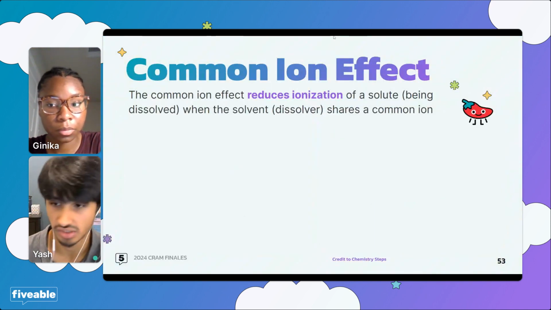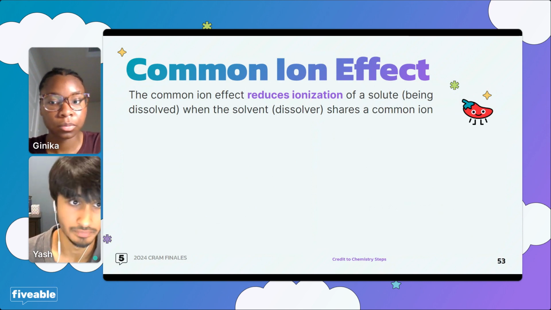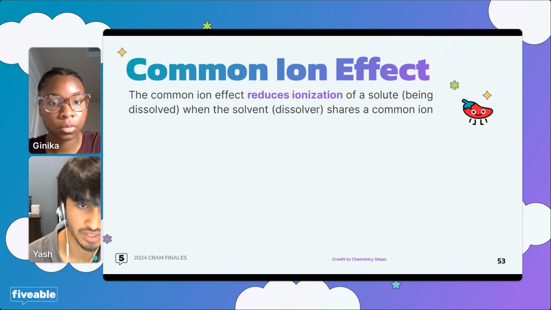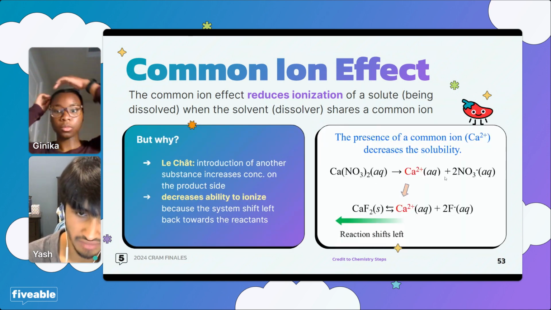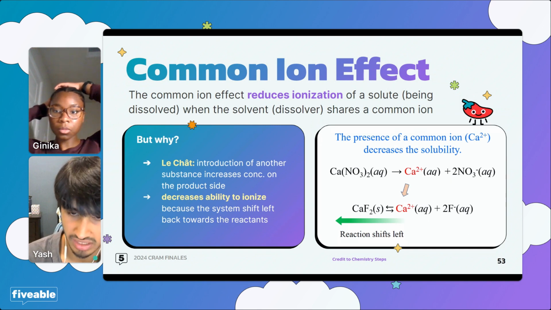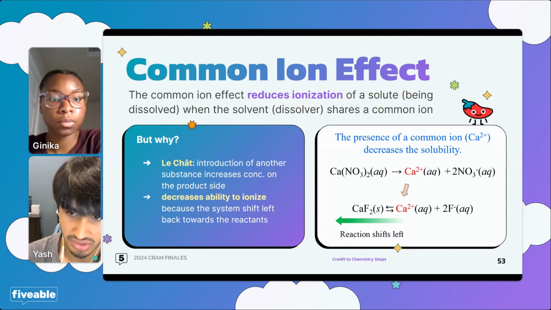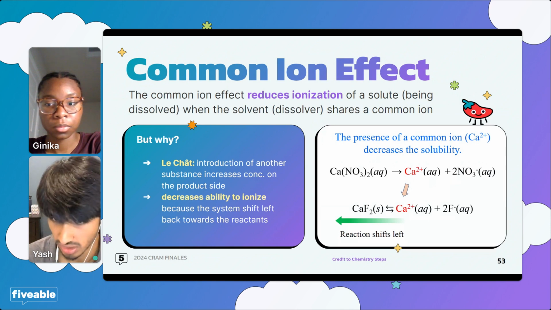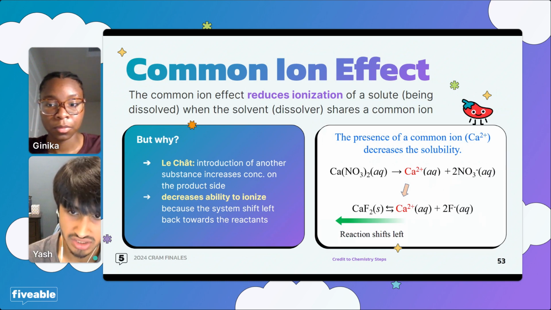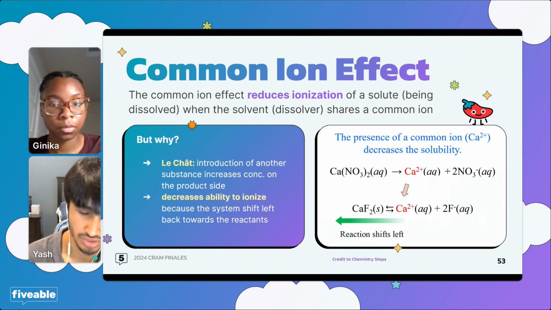Now, here's an important effect that you'll have to know, the common ion effect. It's best to do an example. So we have a solution of calcium nitrate. Calcium nitrate dissolves to form 1 calcium 2 plus and 2 nitrates. If we add some calcium just by itself, in the form of maybe calcium chloride or calcium bromide, to the solution, we will actually see a decrease in the solubility of calcium nitrate.